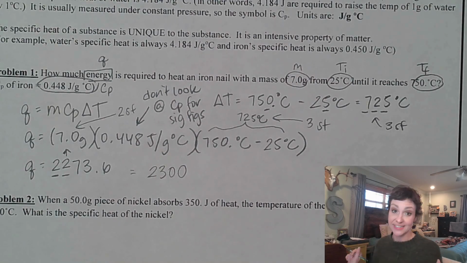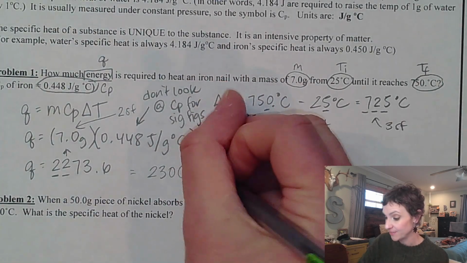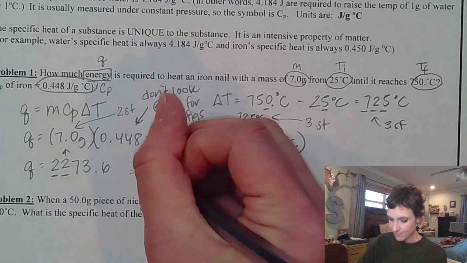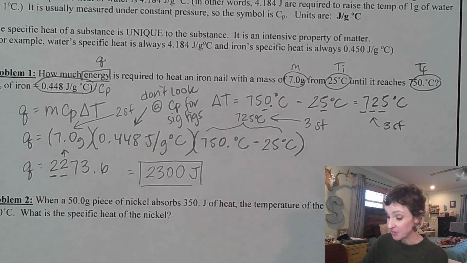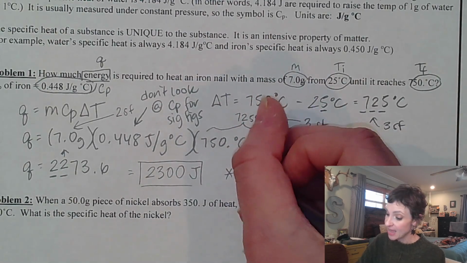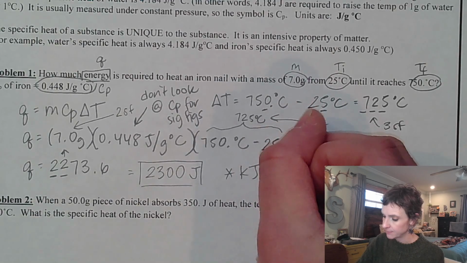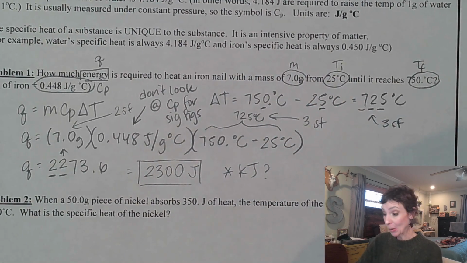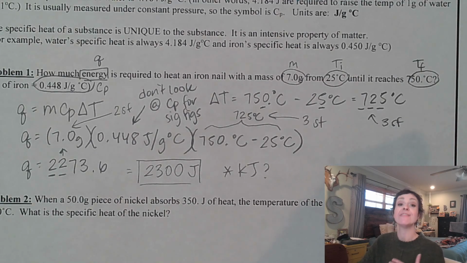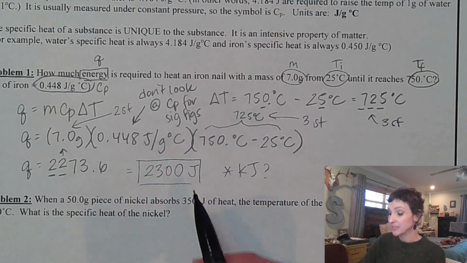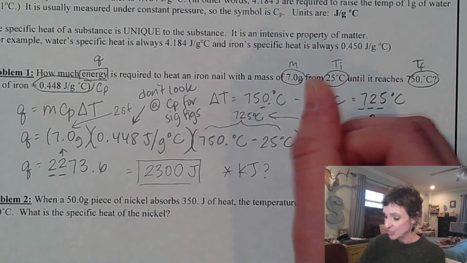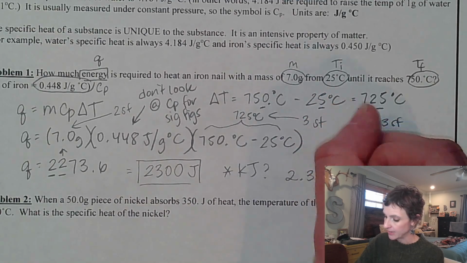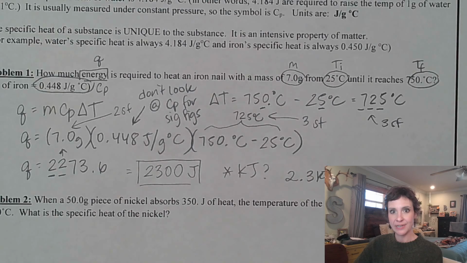Grams and degrees Celsius, poof, they cancel each other out. So my only remaining unit from this calculation is joules, which is cool, right? I could also ask an extension question, like, how many kilojoules would that be? Going from joules to kilojoules is just a factor of 1,000. So I would take where the decimal originally sits and bump it back 3 places, so this would be 2.3 kilojoules, which is really cool.